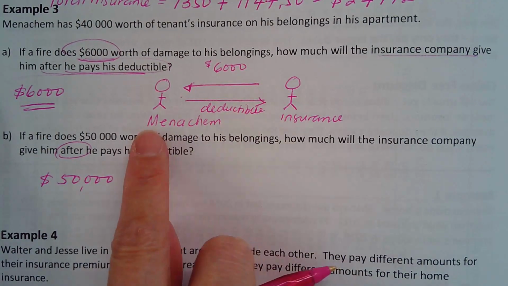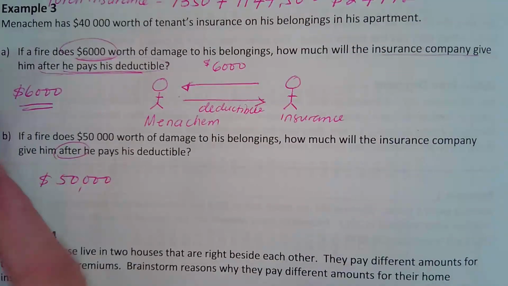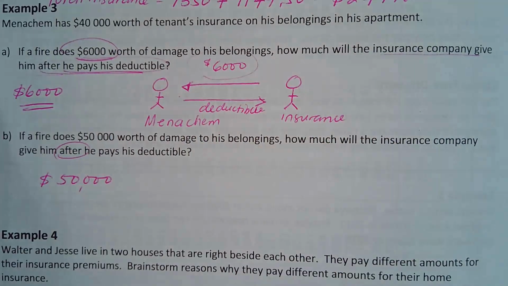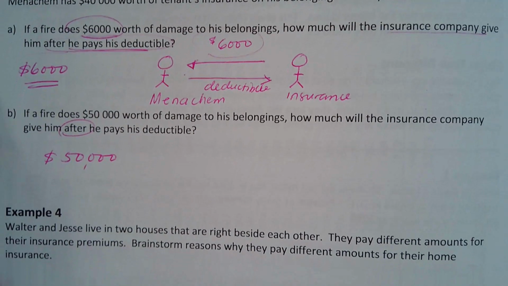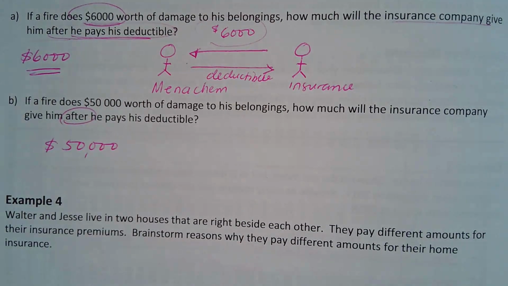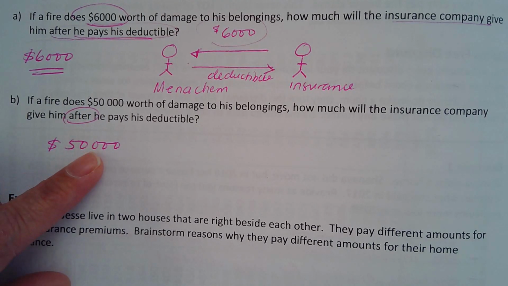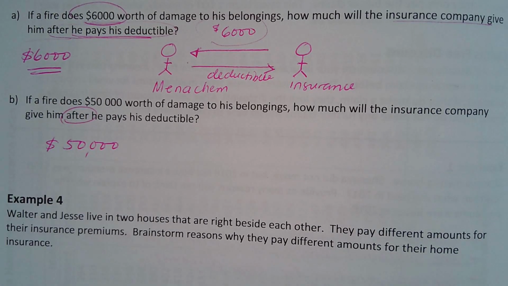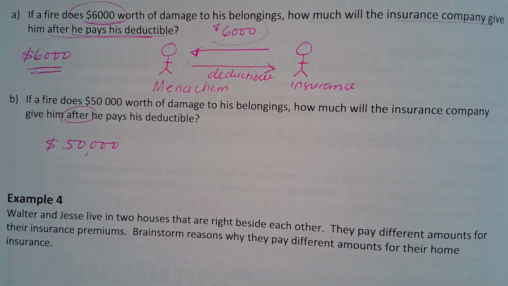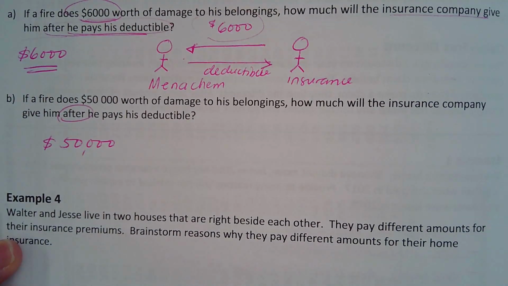First, he gives a deductible to the insurance, and then the insurance will give him the whole amount. So $50,000. How much should the insurance really cover? It's only really 50,000 minus the deductible. Okay, is that good?